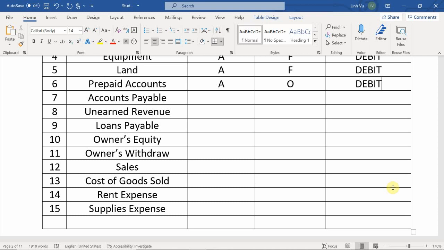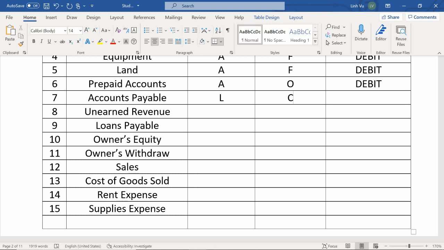It is a liability. Now, what kind of liability? Current, definitely, because if you're going to owe somebody on an account, most likely you're going to owe within 30, 60, or 90 days, right?